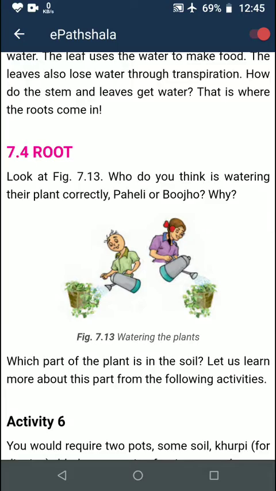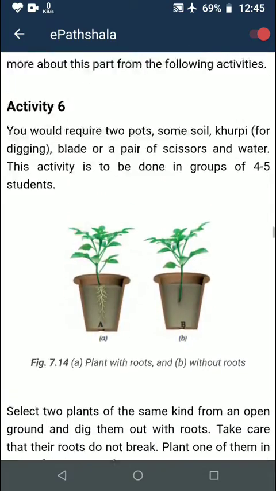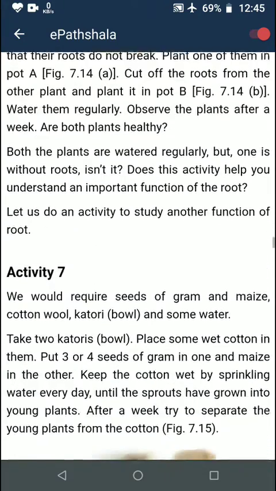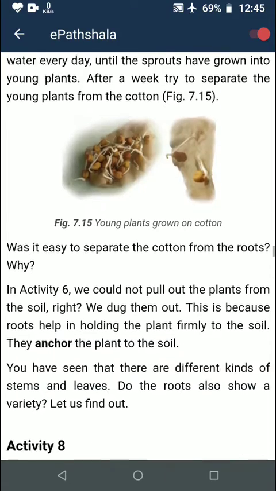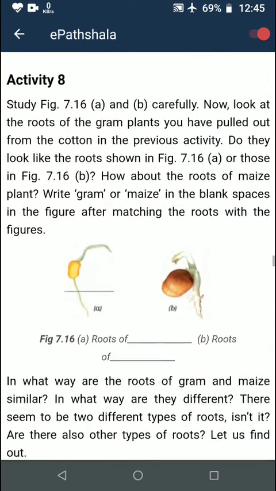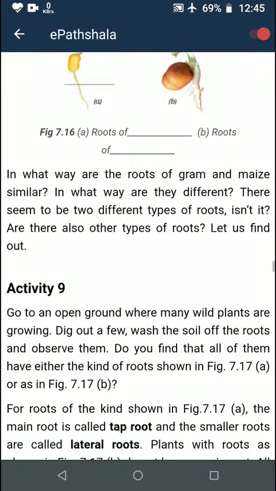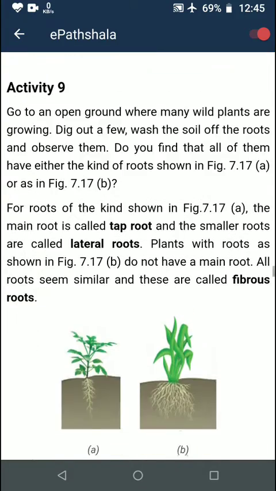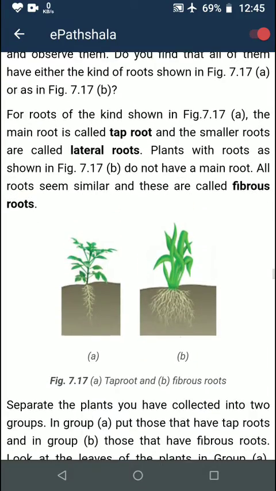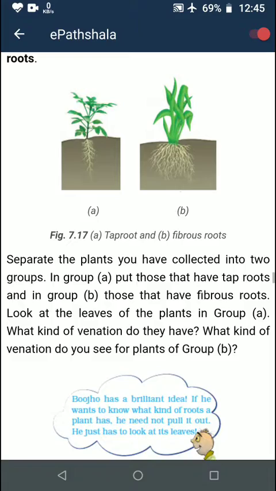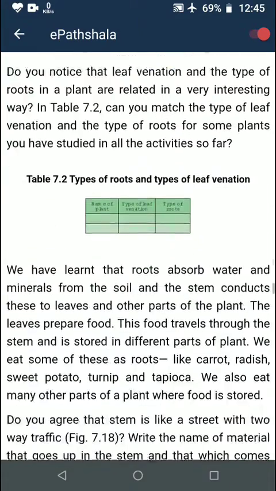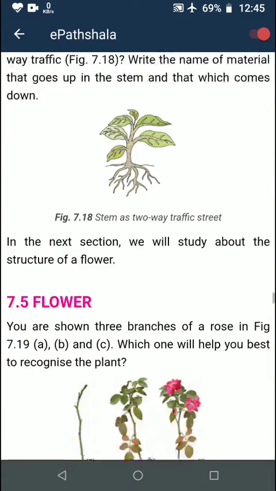Root. Tap roots, lateral roots, fibrous roots, flowers.